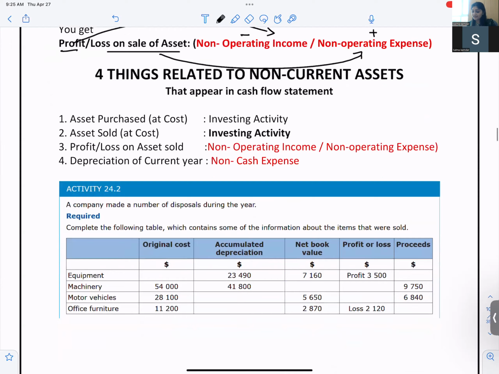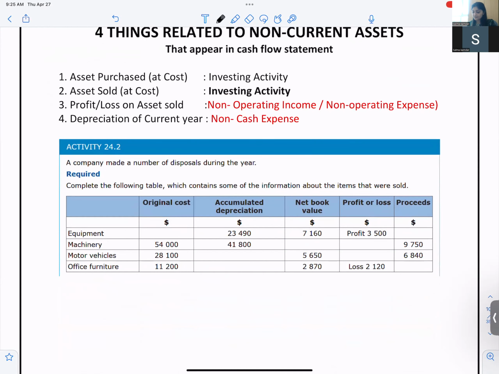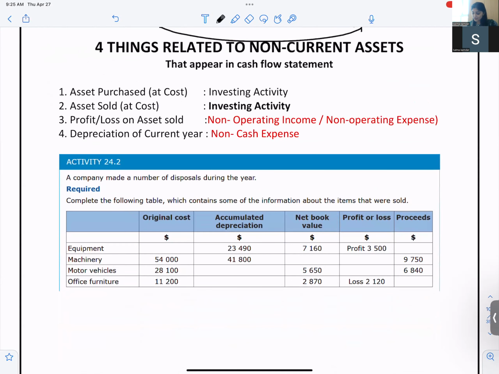So whenever you have the asset in the cash flow statement, you will always take into consideration four things that you have to do related to your non-current asset. Asset purchase at cost is your investing activity. Asset sold, the selling price is your investing activity. This is outflow. This is inflow. Profit or loss on sale of asset: it can be a non-operating income if it is a profit. It is a non-operating expense if it is a loss.